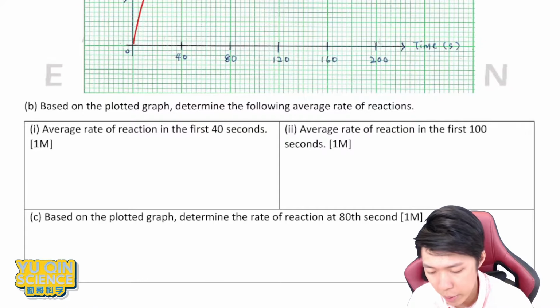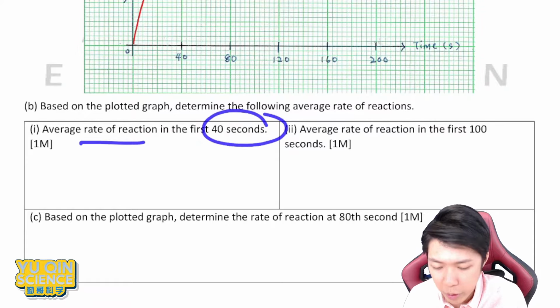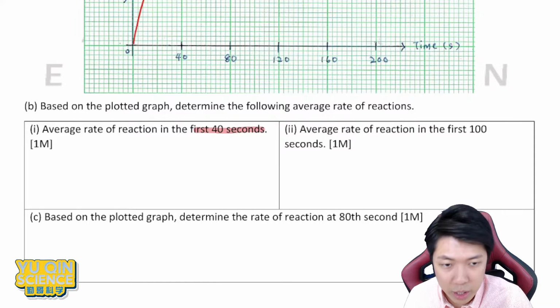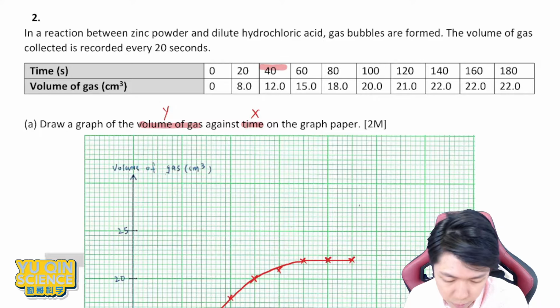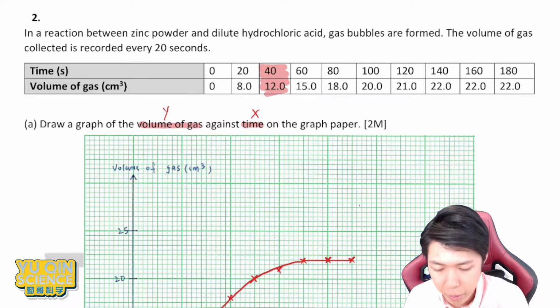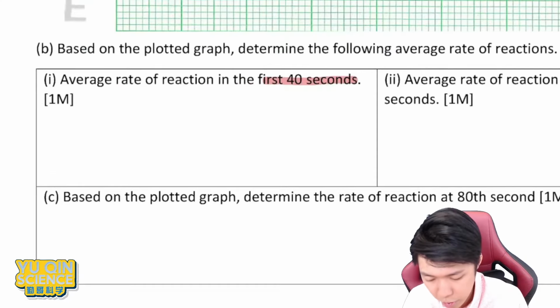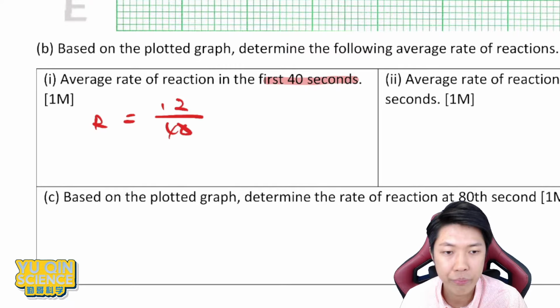Next one. Calculate the average rate of reaction of the first 40 seconds. Right, we just want to focus on the first 40 seconds. So first 40 seconds is here. That means 12 minus 0, 40 minus 0. So rate of reaction equals 12 over 40.